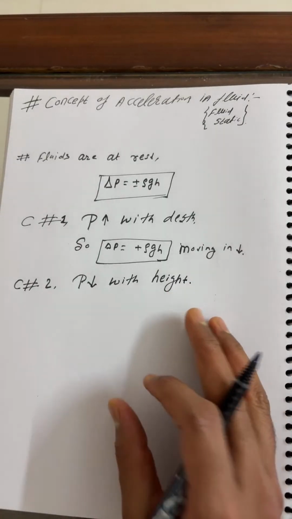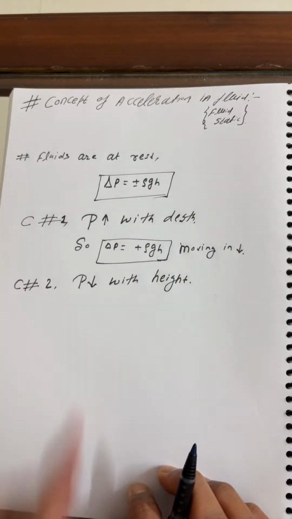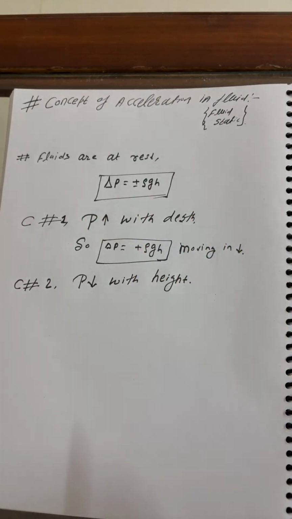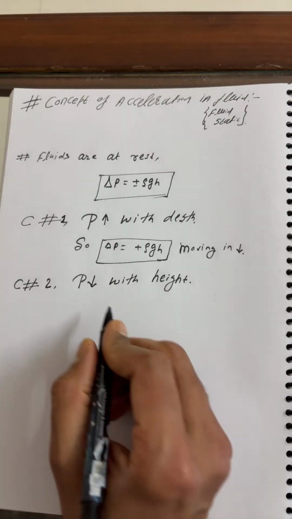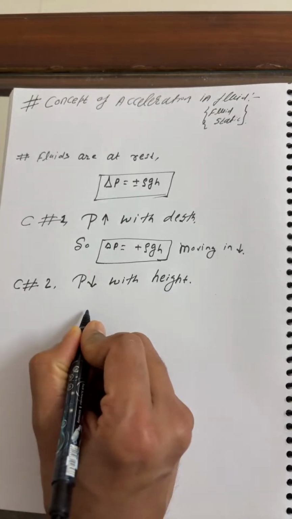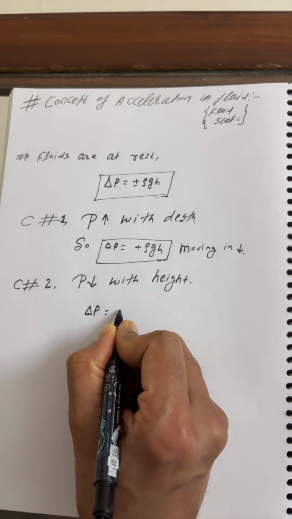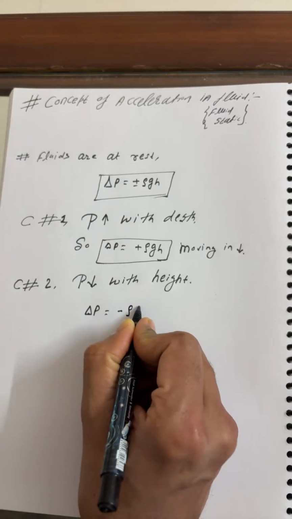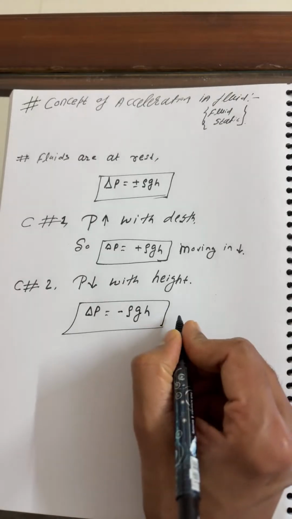Students, I already uploaded the remaining lectures, like how plus rho gh and minus rho gh came. You can go and watch the remaining lectures 1, 2, 3, 4 on the same channel. So pressure decreases with height, and here you can write the change in pressure is equal to minus rho gh.